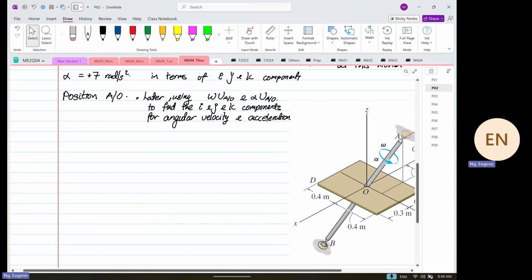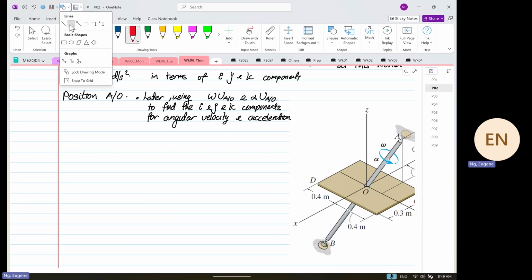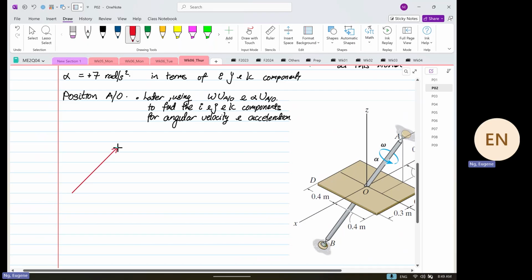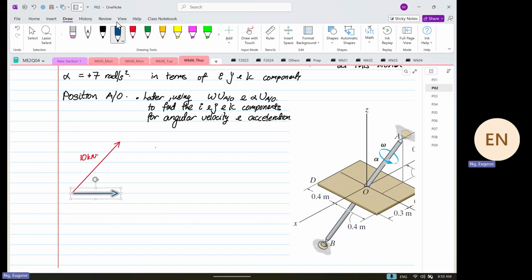Okay, 2D example. So if we have a vector, a force, let's look at forces. If we have a force vector, this, for example, is equal to 10 kilonewton. And then we have geometric distance, so the blue is our geometric distance in x and y component.